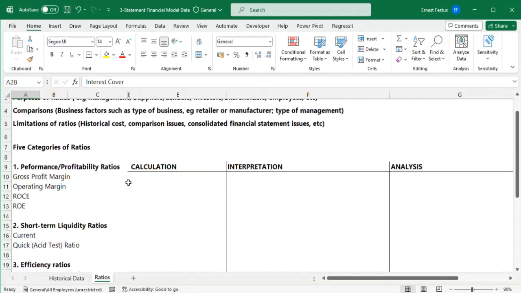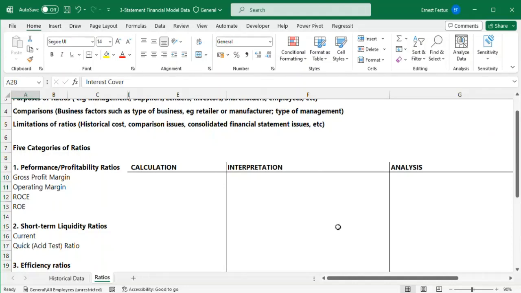So these are the broad and the major categories of ratios you will see in finance and accounting. So for each of these ratios, we are coming to learn how to calculate the ratio, explain it, that is, interpret its meaning, and then analyze it. So we are coming to start with the gross profit margin.